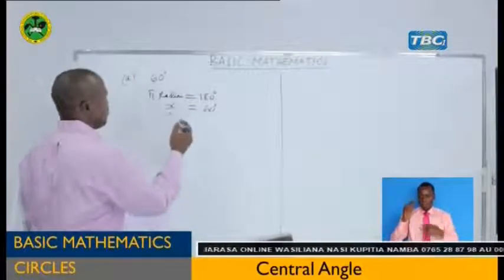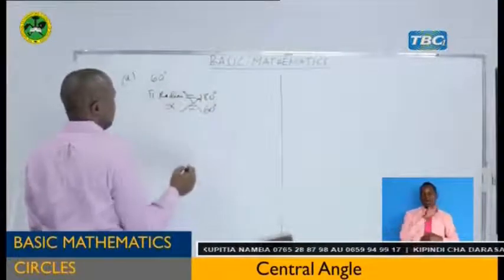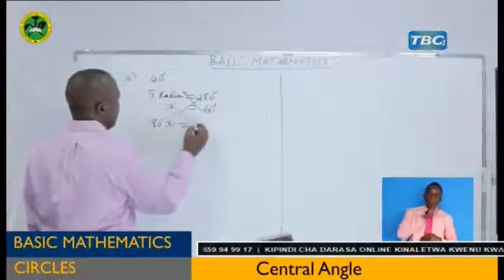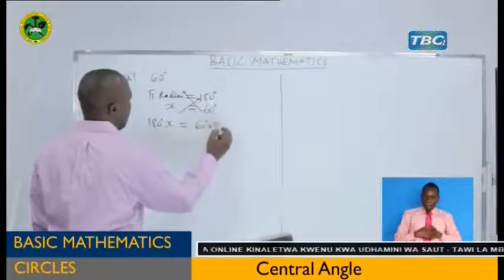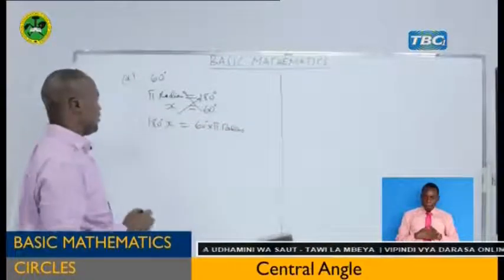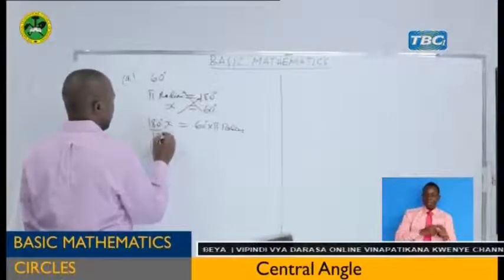So again, do cross multiplication. In this case, we have 180 degrees times x, which is equal to 60 degrees times pi, in radians. So divide by 180 degrees from both sides.